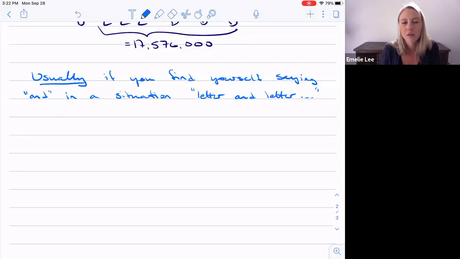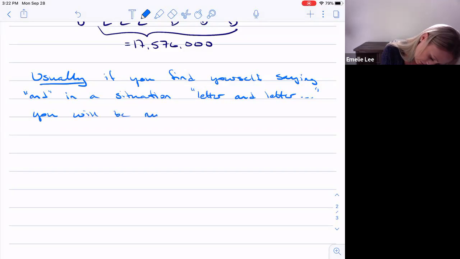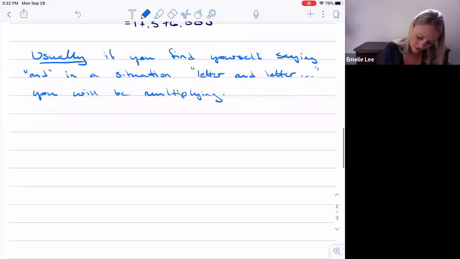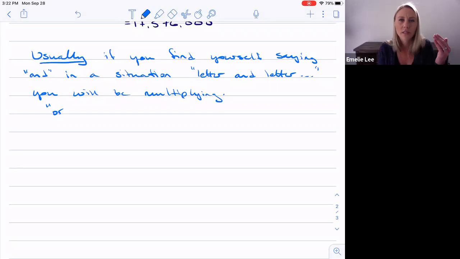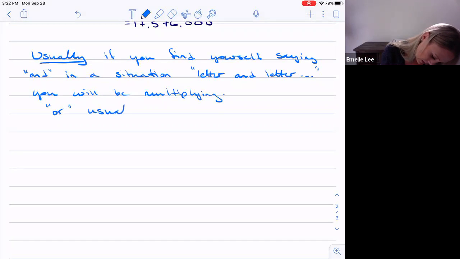And is going to be multiplying. You will be multiplying. Okay. Whereas or is usually addition. So this or this, right? Then I'm adding. Or usually means addition.